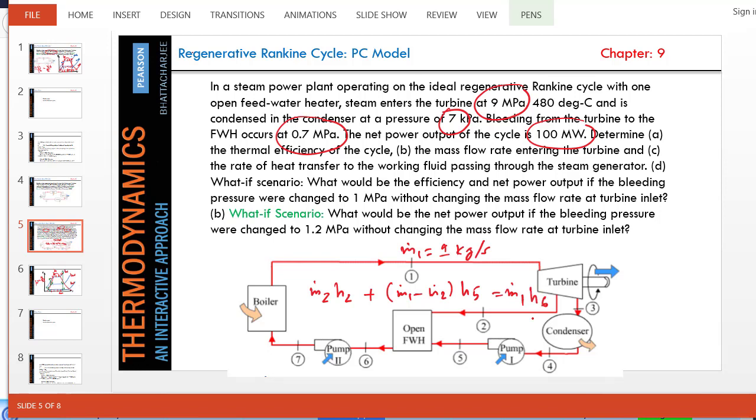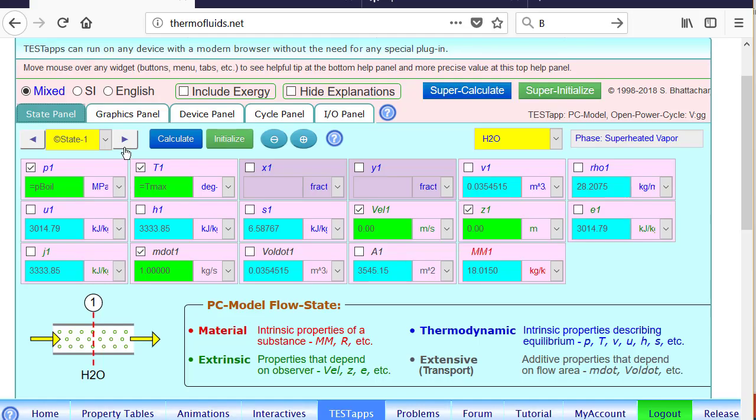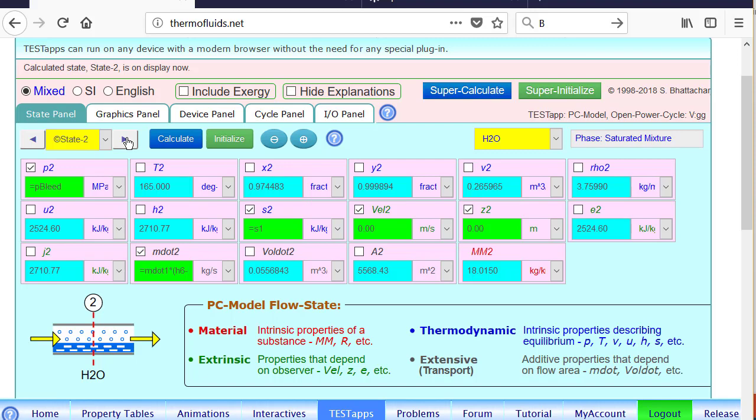So this equation gives us a formula for m dot 2, and that's what we are going to plug in. If you simplify, you can show that m dot 2 is H6 minus H5 divided by H2 minus H5. Okay, armed with this theoretical information, we go back to state 2, and that's what we've done.